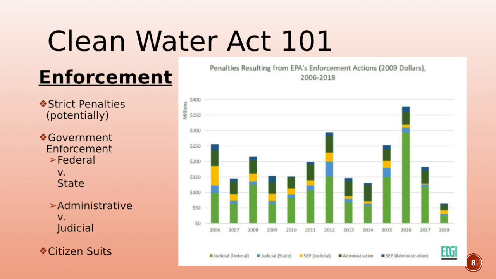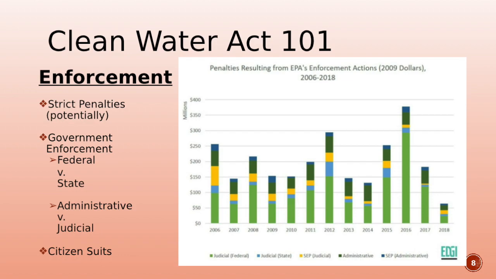The last bullet point I want to mention is the possibility for citizen suits under the Act, and that is the type of case that we're dealing with in the Surfrider versus U.S. Steel litigation. Citizen suits are not unique to the Clean Water Act, but are a common tool in many environmental statutes.